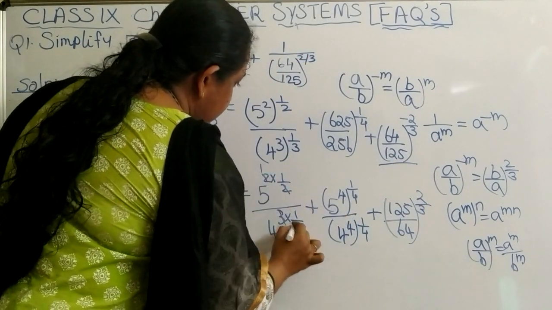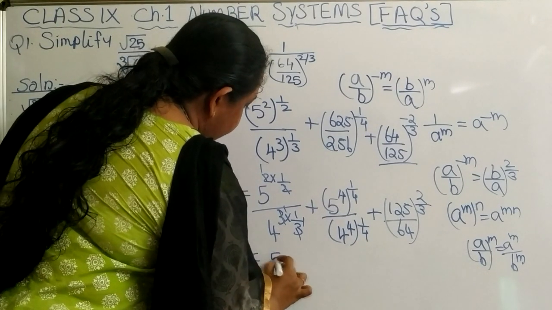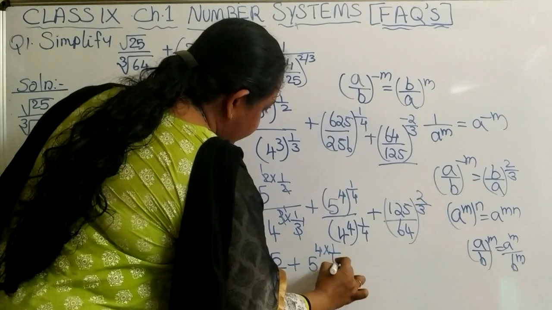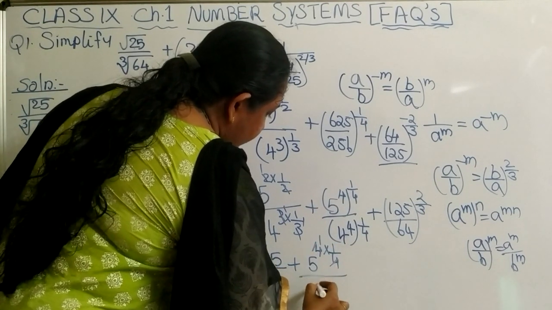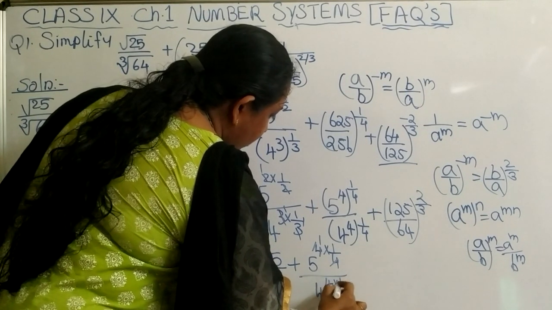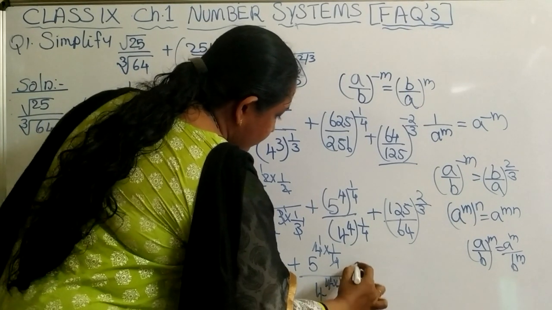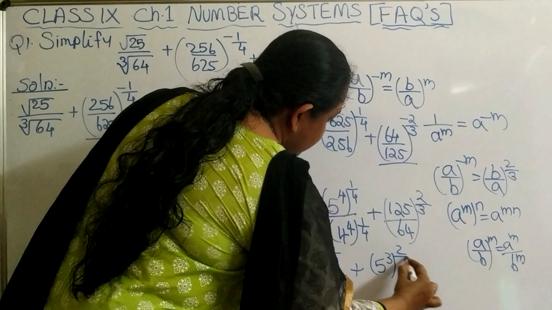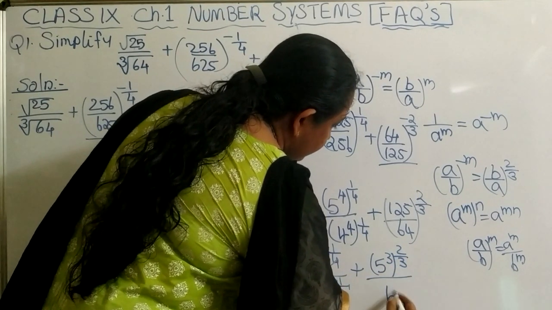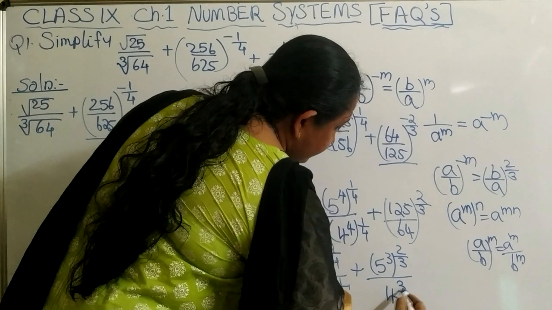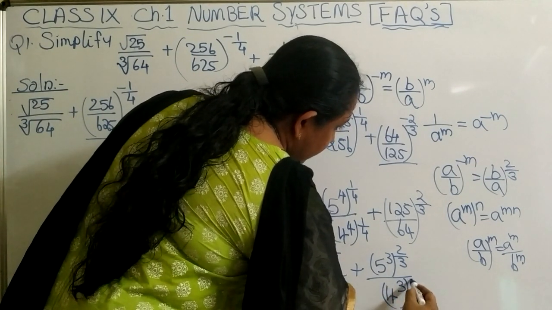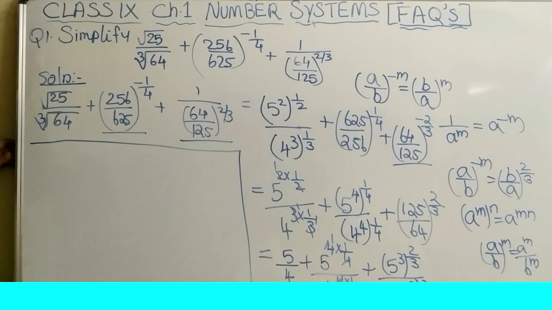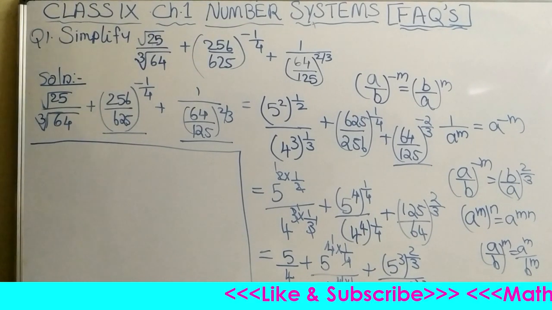Here it is cancelled. So 5 upon 4 plus 5^(4×1/4) upon 4^(4×1/4) plus, 125 can be written as (5³)^(2/3) upon (4³)^(2/3).